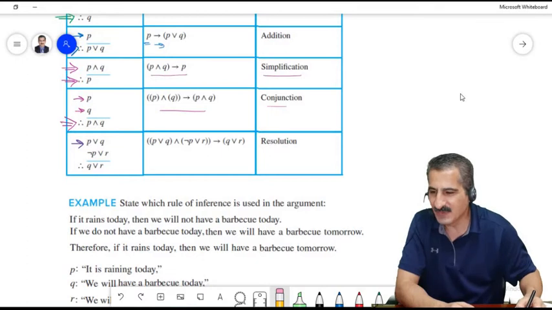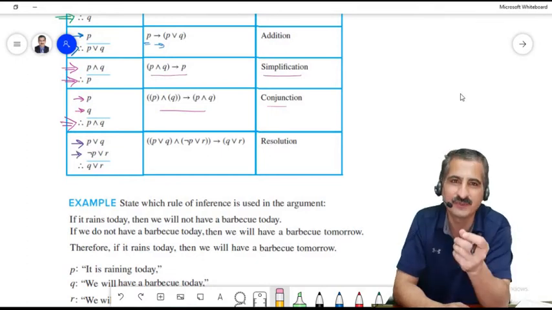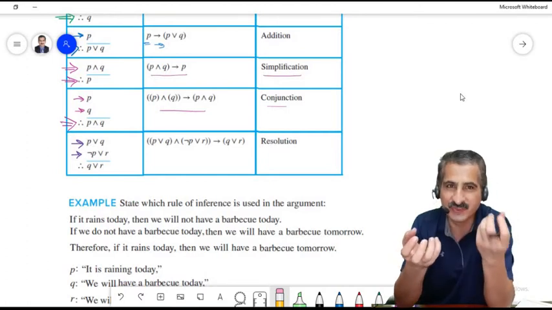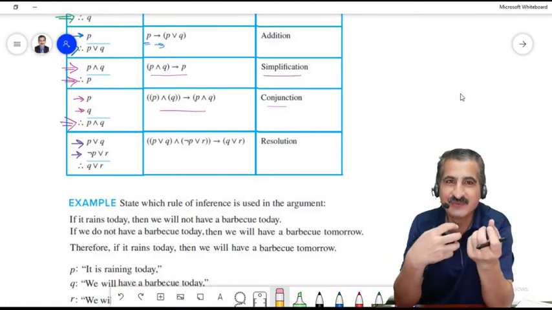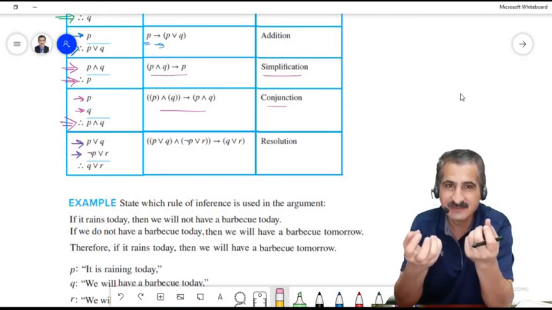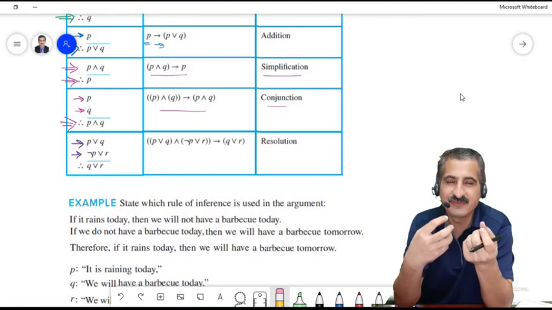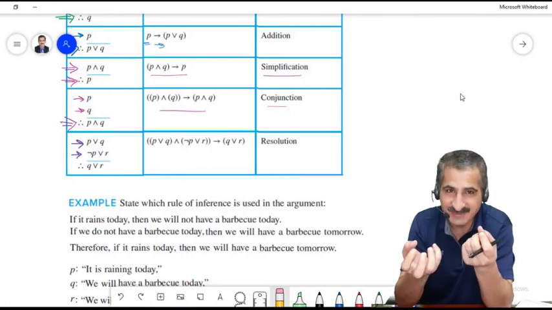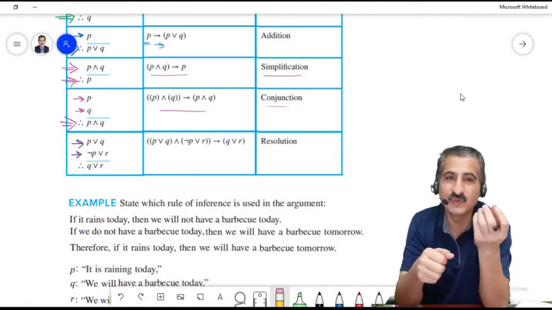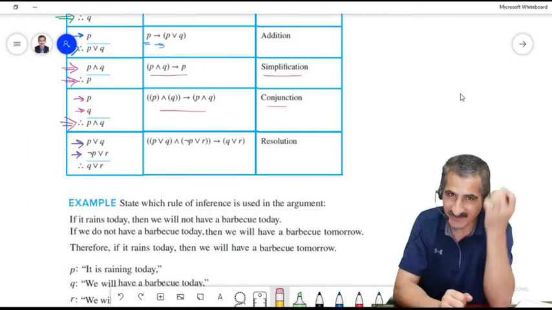Now this says not P or R. So if not P is not happening, so not P is false, which means P is happening, then R must be happening. Okay?